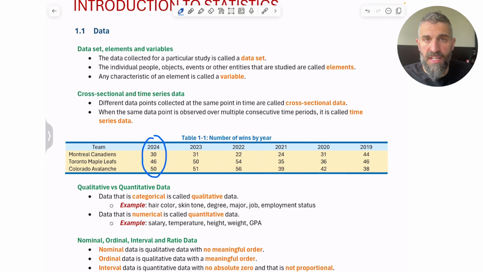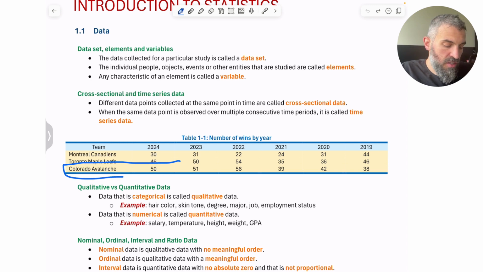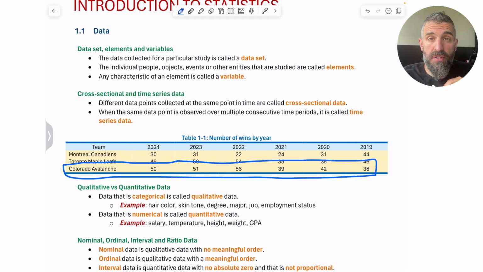Now, time series data is when you're looking at the same thing, the same subject, the same data point, but over multiple consecutive time periods. So if I looked at just one team, let's say the Colorado Avalanche, and how many wins they had in each of the last 6 years, that would be considered time series data. Okay? So that's the difference.